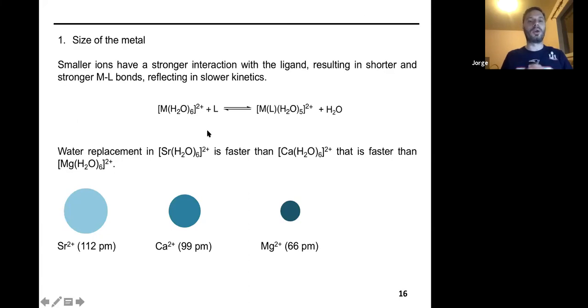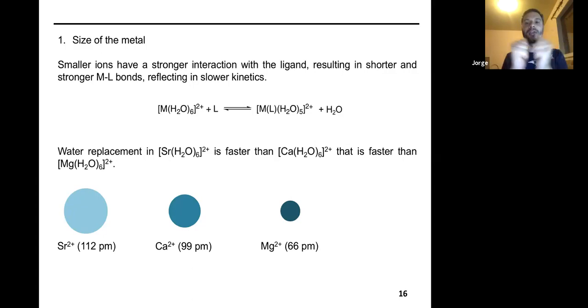Okay, so smaller ions have a stronger interaction with the ligand, resulting in shorter and stronger metal-to-ligand bonds, reflecting in slower kinetics. So imagine this system, the metal as a positive charge and the ligand as a negative charge.